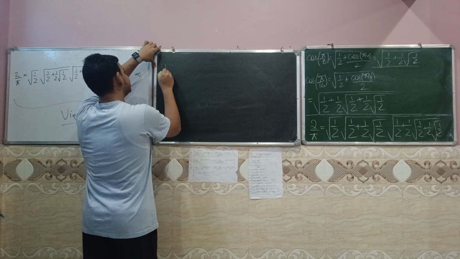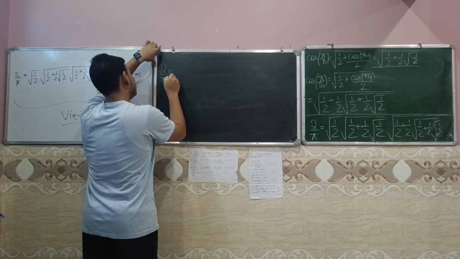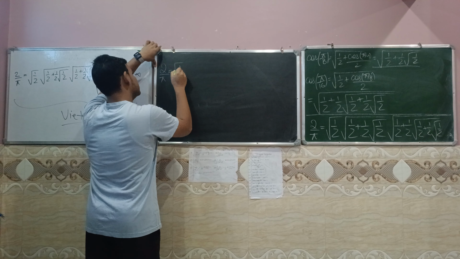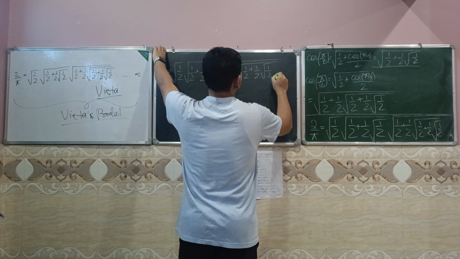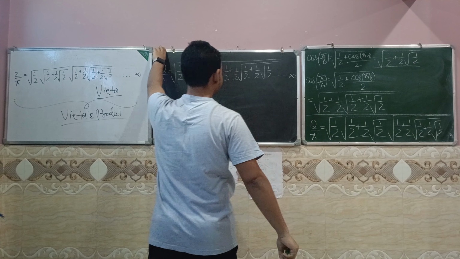So that is 2 over pi equals the square root of 1 over 2 times the square root of 1 over 2 plus the square root of 1 over 2 times the square root of 1 over 2, and times 1 over 2 plus 1 over 2 square root of 1 over 2. Yeah, and this goes up to infinity.